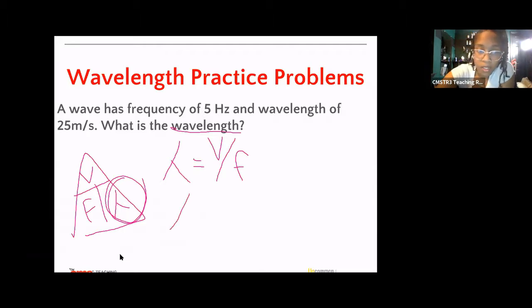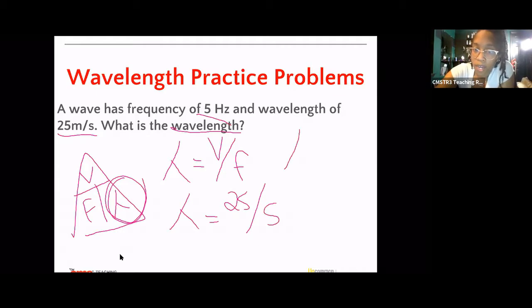So in this case, my velocity or my speed is 25 meters per second divided by a frequency of 5. So my wavelength is just going to be 5 meters. Cool.